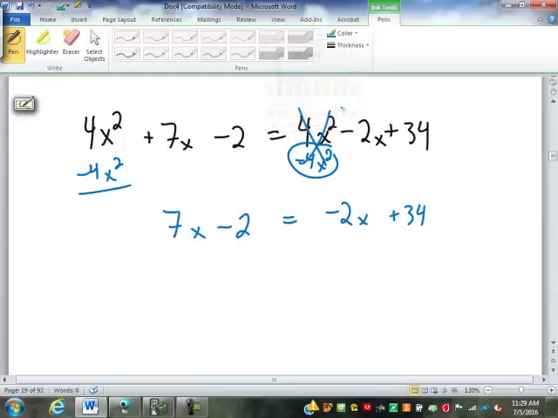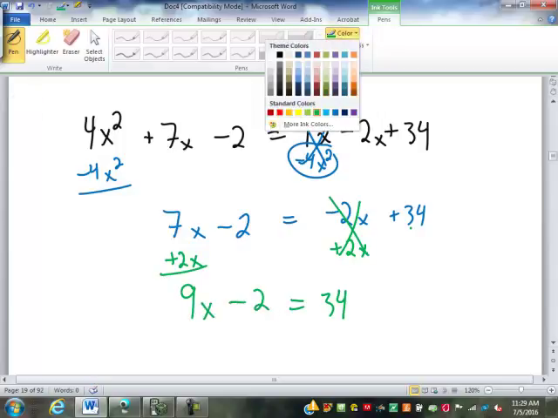Now what would we do next? Well, the variable is still on both sides, so we have to get rid of one of them. Which one would we get rid of? The negative 2x is the smaller one, so we're going to add 2x to get rid of a negative. Leaves us with 34 on this side. On the left side, we add 2x to the 7x to get 9x. So it's 9x minus 2.